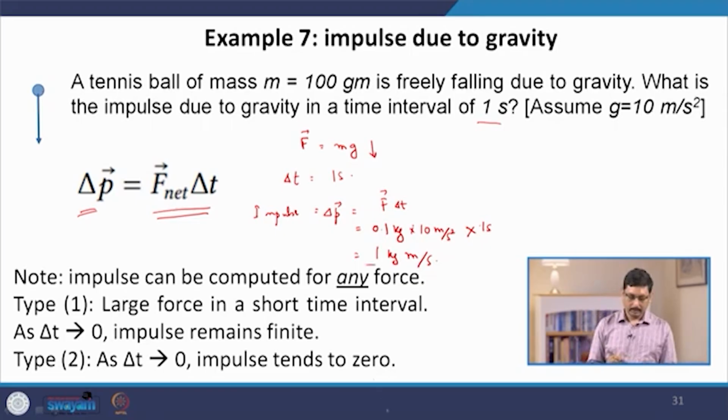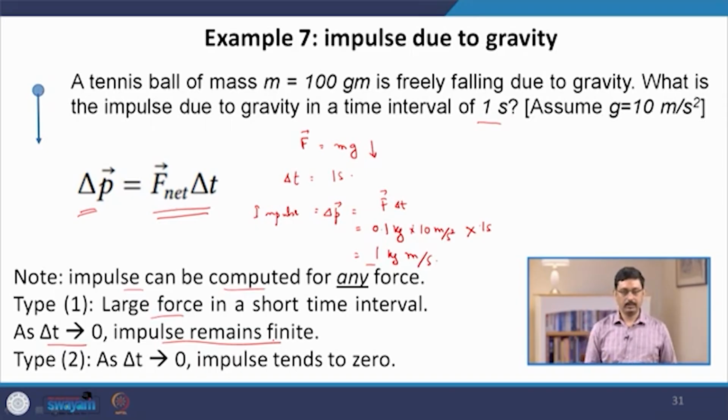The message here, as I repeat, is that impulse can be computed for any force. It is defined for any force, and there are typically two situations we encounter. One in which a large force is acting for a short time interval. The hallmark of this scenario is that if you reduce the time interval towards 0, the impulse remains finite.